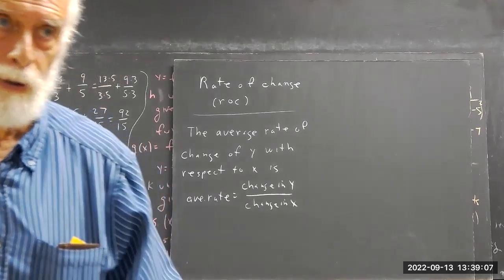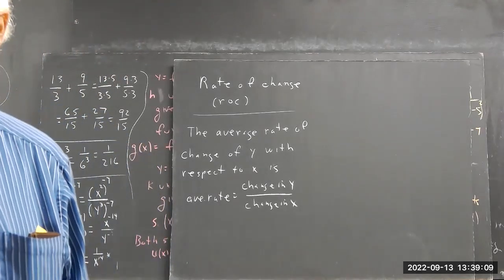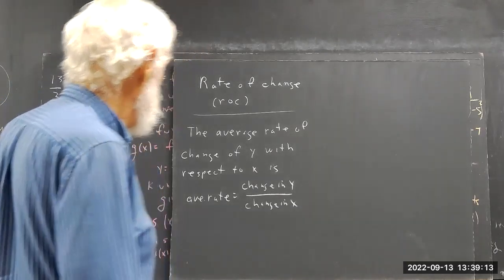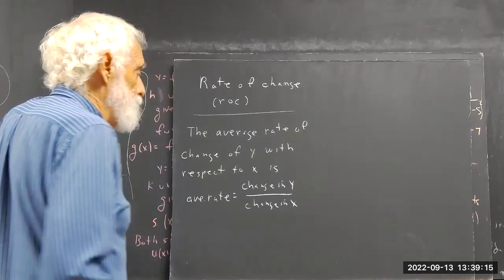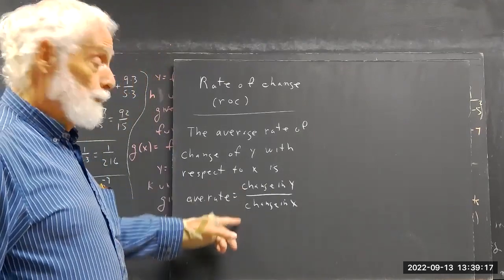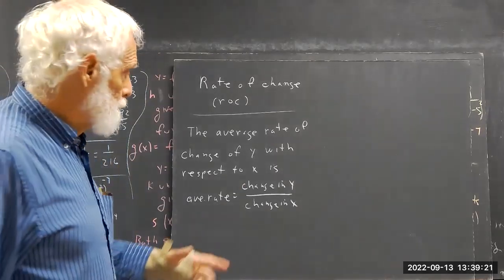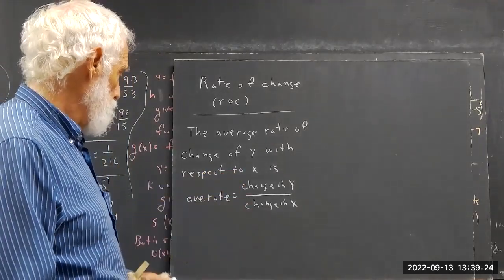Now, a lot of times your open math is probably going to define it by a formula. Formula is okay, but I like to start with the idea. So let's just talk about a change in y and a change in x.